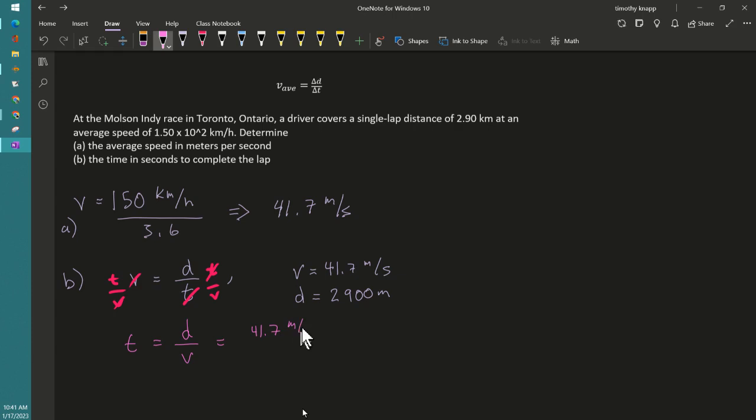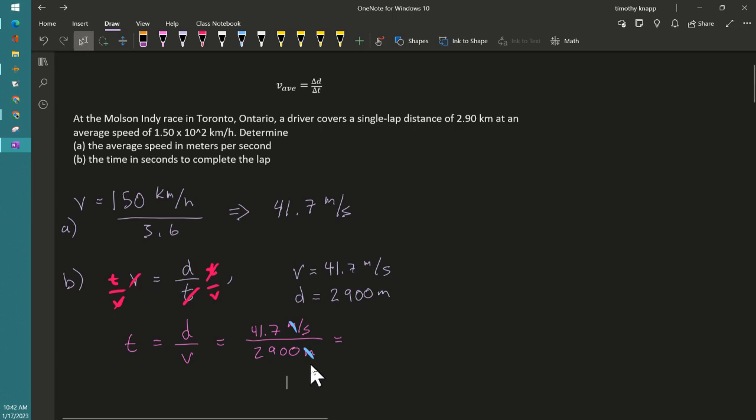And so we're going to put this in there: 41.7 meters per second over 2,900 meters. Oh, this is pretty convenient, our meters end up canceling. And my numerator units are 1 over seconds, and we end up with a time, okay?